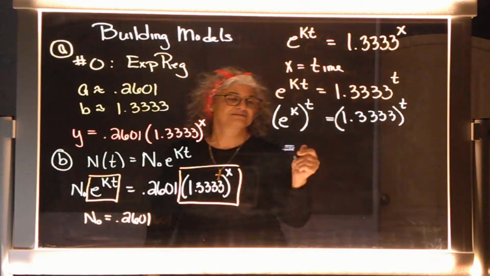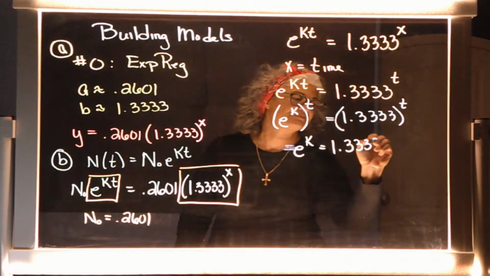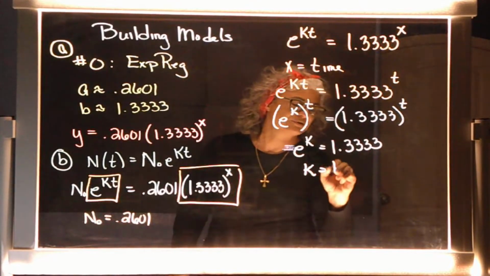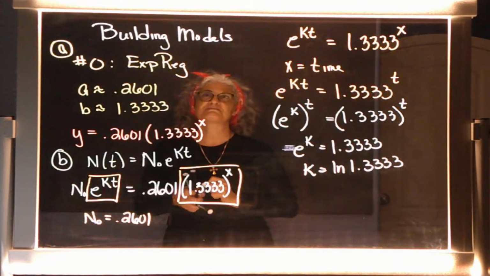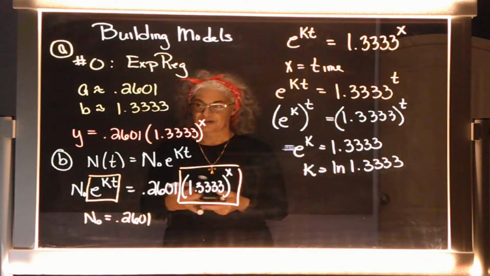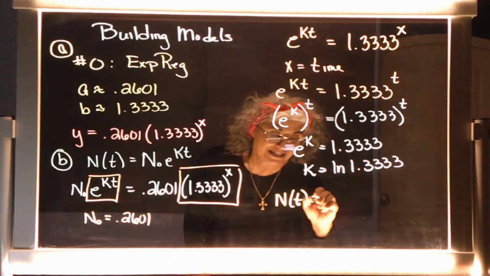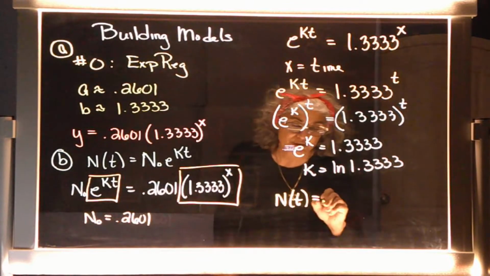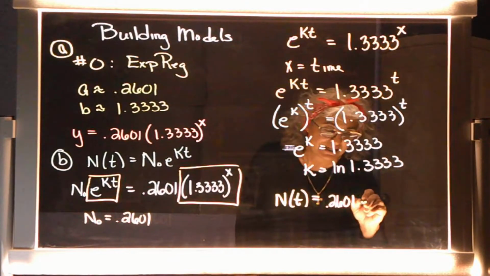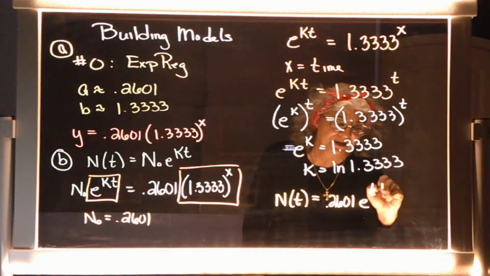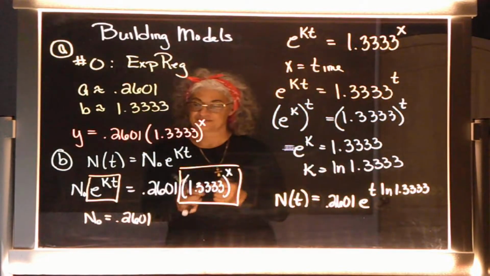Which means e to the k has to be equal to this base. Which means k is equal to the natural log of this lovely decimal. Cool? Which means my exponential growth model could be rewritten as my initial amount times e to the kt, and my k is this natural log. Got it?